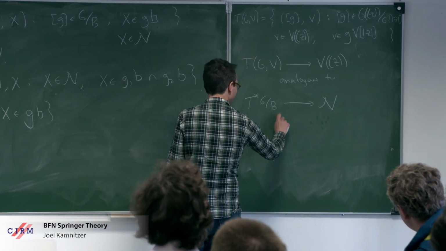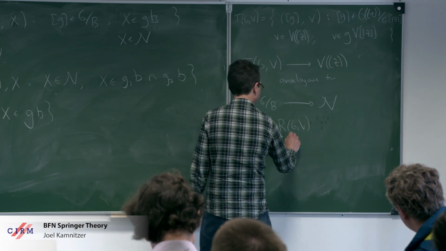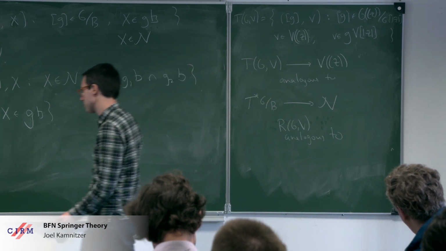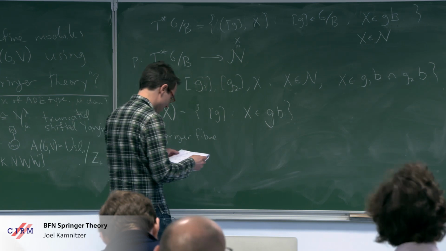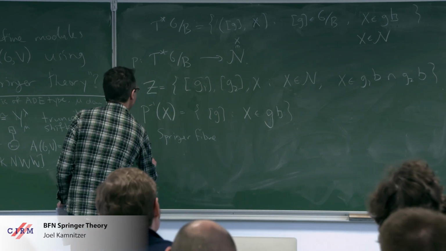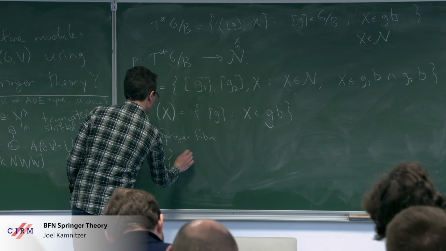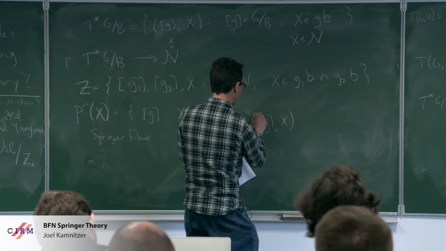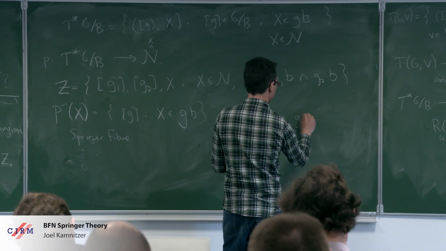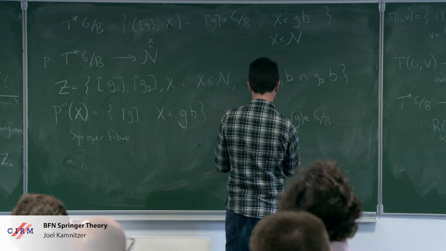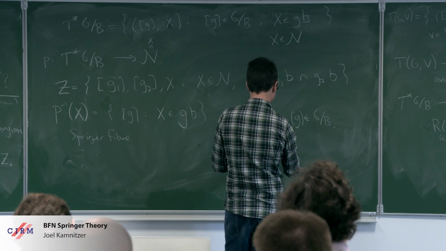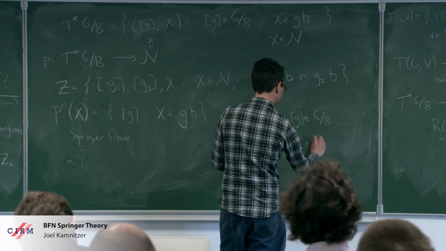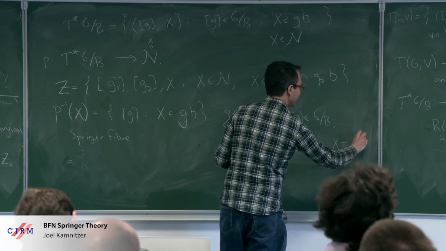What's it analogous to? RGV is analogous to something which you don't that often study in the usual Springer theory, but it's easy enough to study. Look at the set of pairs where G is in the flag variety, and X lies in both the given Borel and the standard Borel, and it's nilpotent.